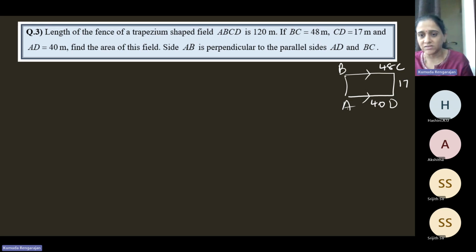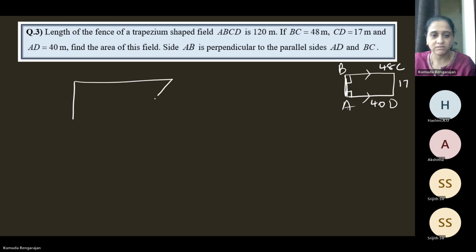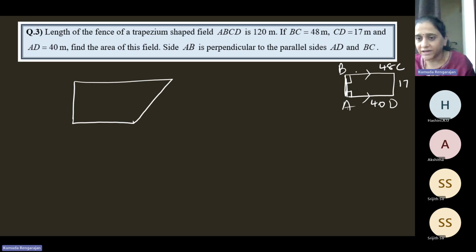So the figure is like this. This is perpendicular. Then 48 should be longer, right? 48 should be longer than 40. So the trapezium is like this.